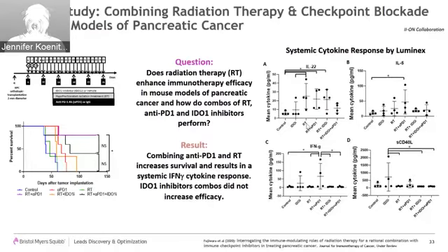Ultimately, the data revealed that survival was improved by a combination of radiation and anti-PD-1, but that IDO combinations were not useful, but that the efficacy of the PD-1 activity correlated with a systemic interferon gamma response that we monitored by multiplex cytokine profiling.